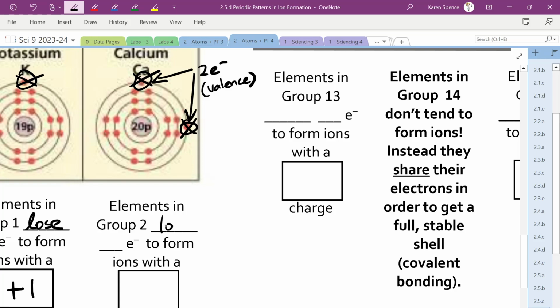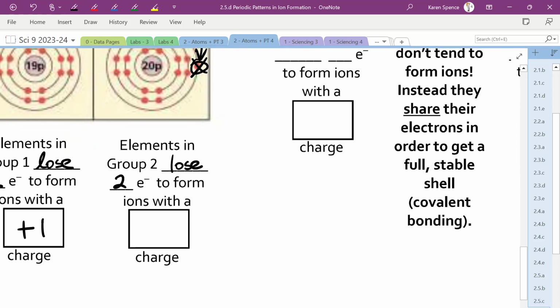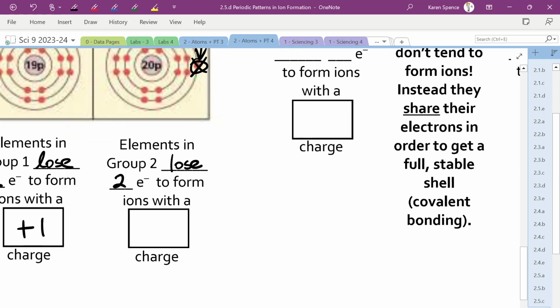And so if it loses 2 electrons, tell your partner what charge it becomes. It becomes +2. Absolutely. Thank you, Michael.